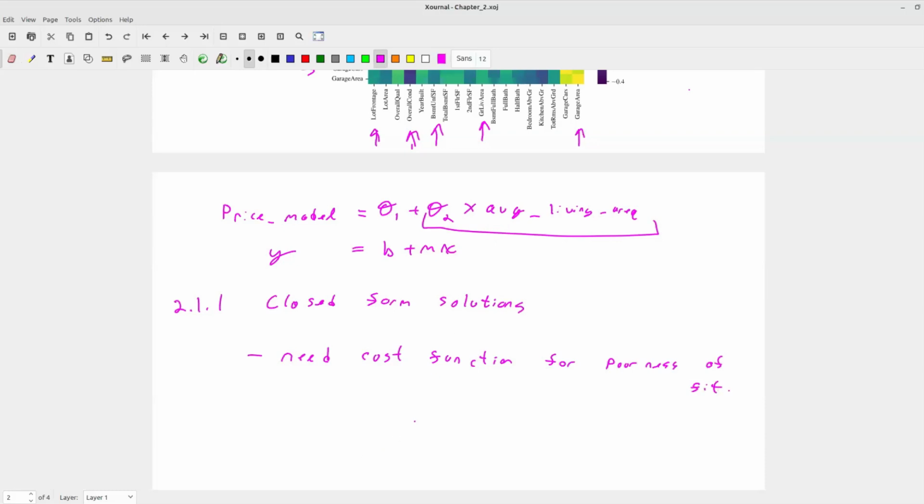For linear models, we use a cost function that calculates the discrepancy between the model's prediction and the actual training data. So the function calculates the difference between model and data.